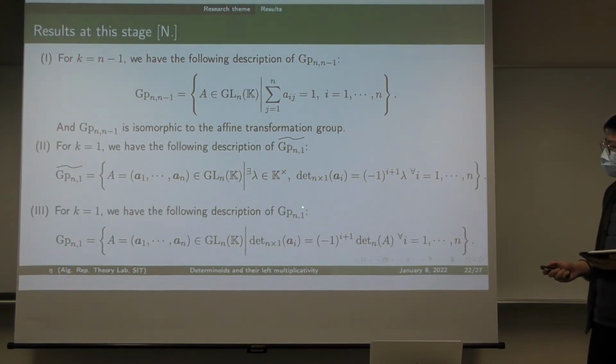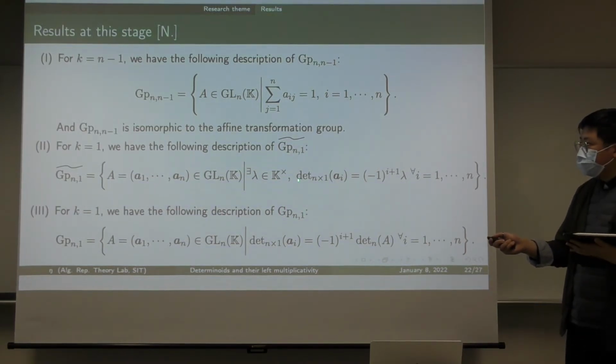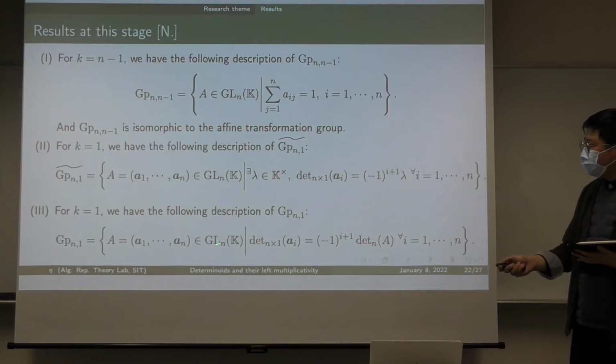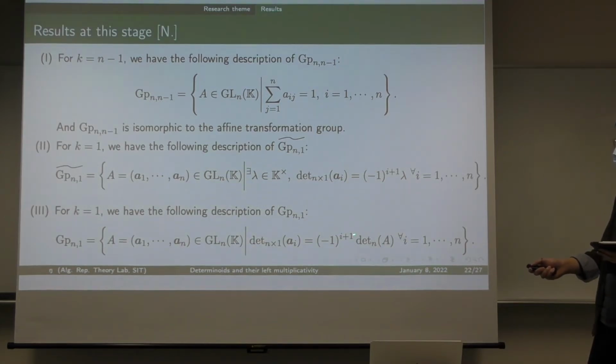And similarly for GPN n1, like I told you before, it's an inclusion relation. So it's similar, except for GPN n1 it is restricted to the determinant only, not a lambda but the determinant of A itself.